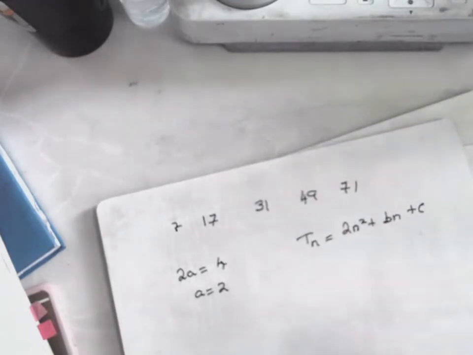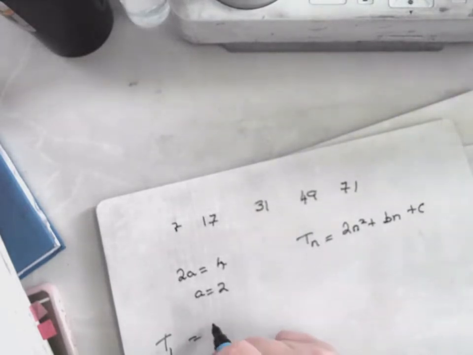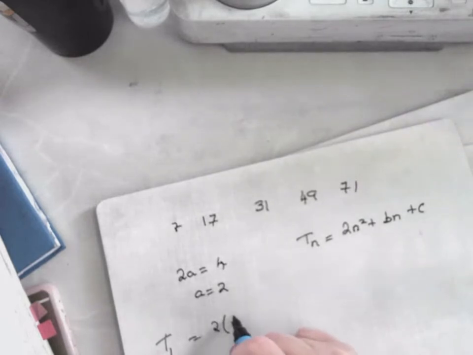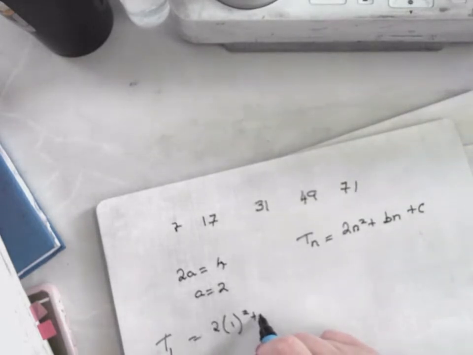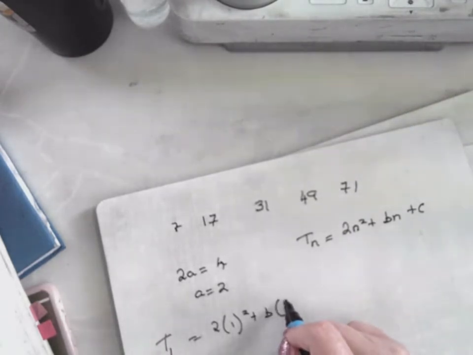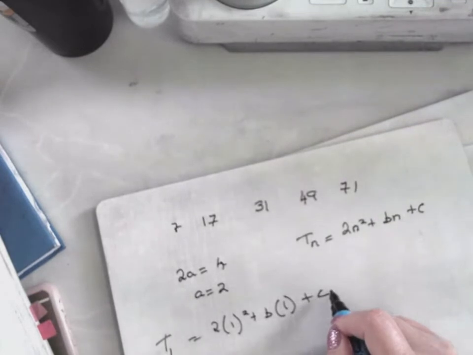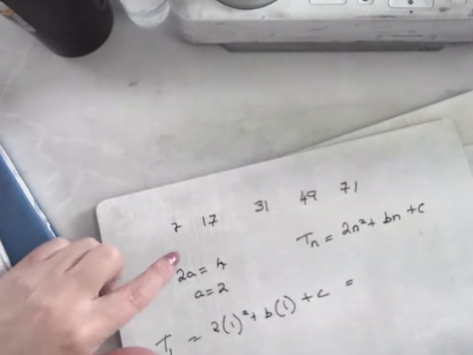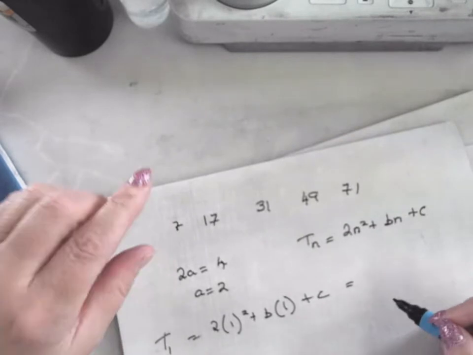Okay, so term number 1. Term number 1 means everywhere I see an n, put in a 1, because it's term number 1. So n stands for the number of the term. So it's 2 times 1 squared plus b times 1 plus c. But I know when I work all that out, that turns out to be 7, because term number 1 is 7.